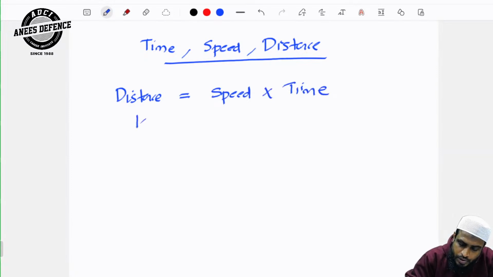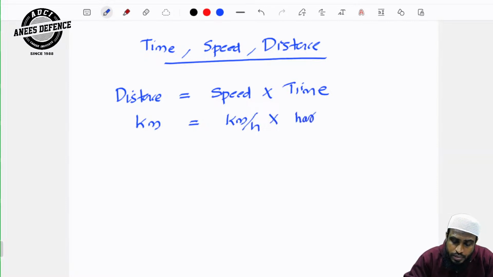Distance we will represent in kilometer, speed in kilometer per hour, and time in hour. Then only we will be able to match the units. If distance is in kilometer, speed should be in kilometer per hour and time should be in hour.